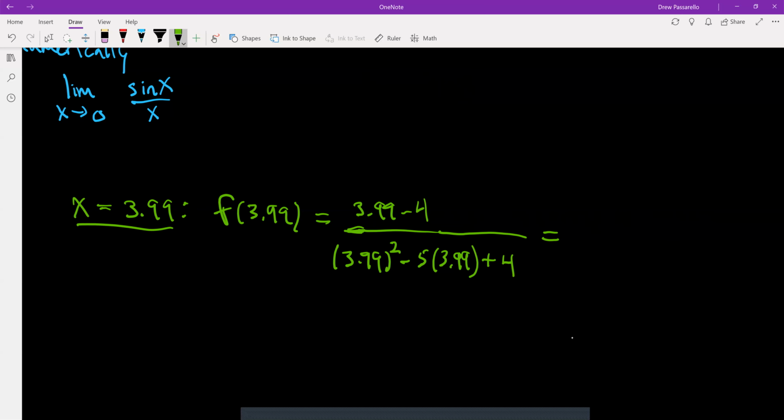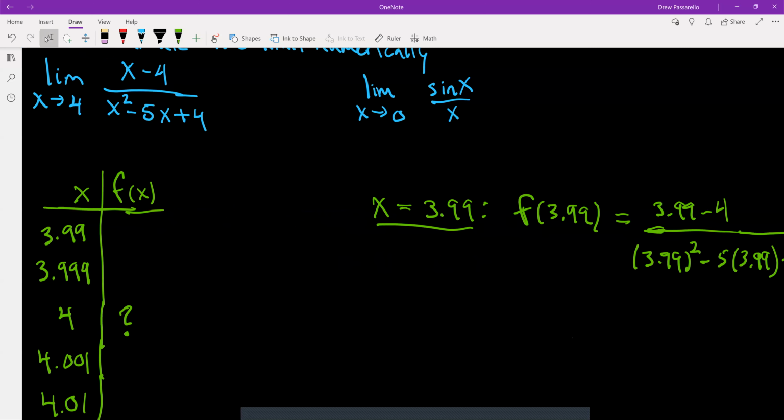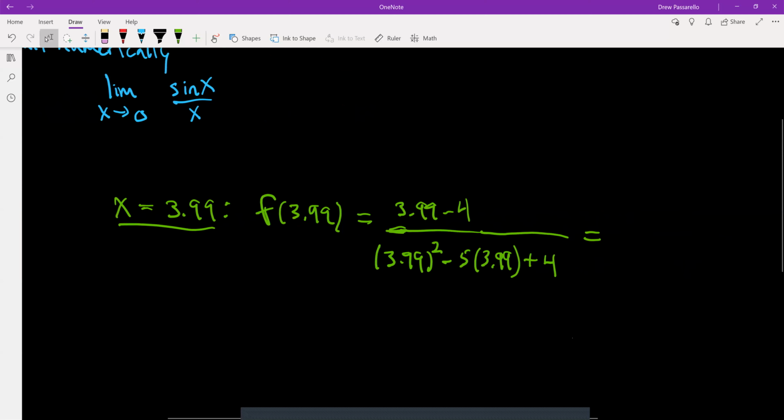What I'm looking for in a problem like this is the table, because that table will justify what your estimation is going to be. This is just an example of finding one of the particular values that goes in the table.